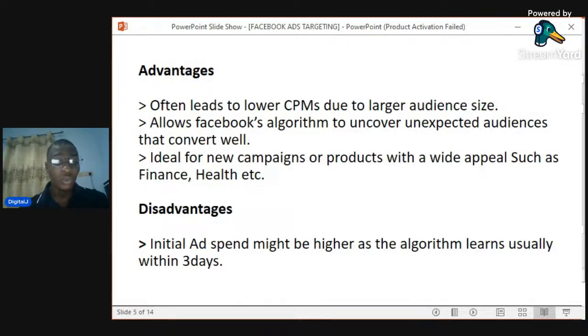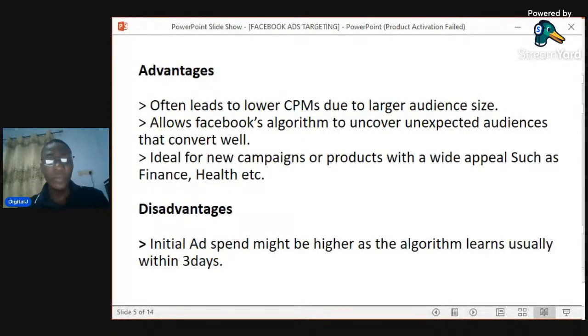That often leads to a low cost per 1,000 impressions, which will directly affect your cost per result, your cost per messaging, your cost per website visit, or whatever. Understand? So most times when you do broad targeting, you have a low cost per result and a lower cost per 1,000 impressions.